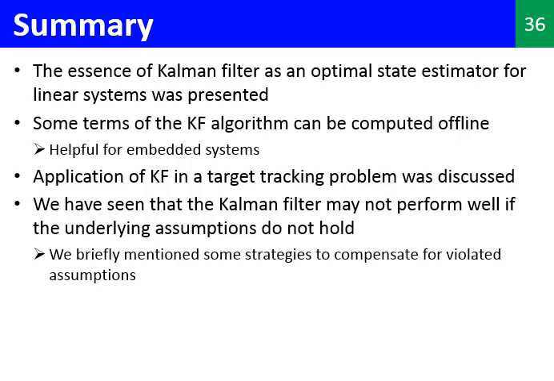We saw that some terms of the Kalman filter could be computed offline, and it is helpful especially for embedded systems. We looked at a target tracking example to understand how we can use Kalman filter in an application. Finally, we realized that we may experience issues in convergence as well as performance when Kalman filter is used in real applications. Thank you.